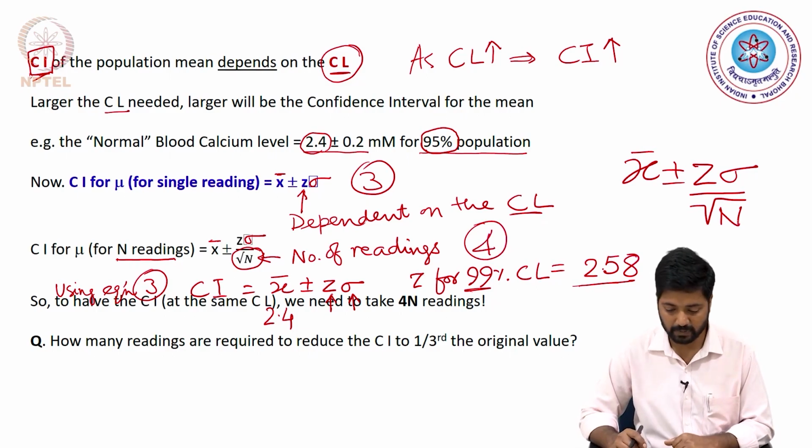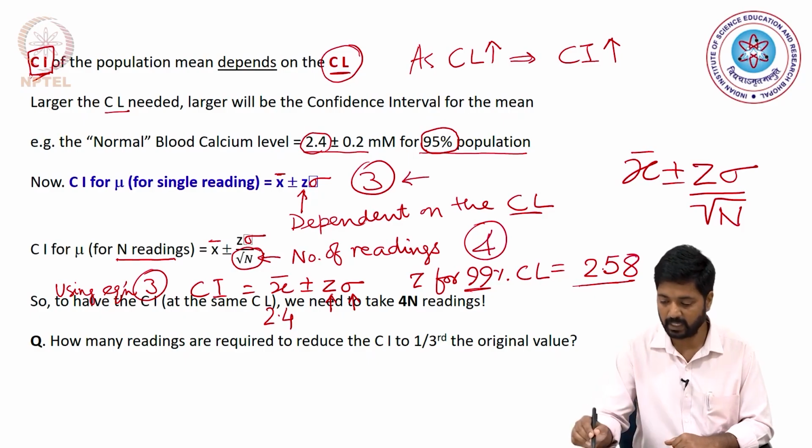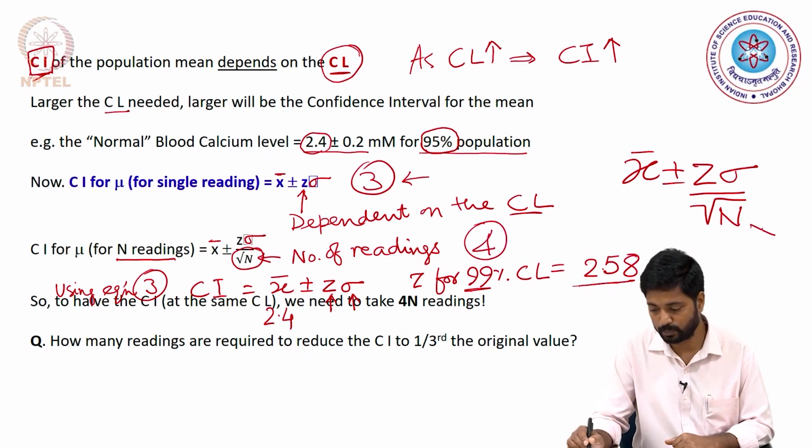So, this equation is very similar to equation number 3, which is shown here, except that it incorporates the root n term, which is coming from the n repeat measurements that we have performed.